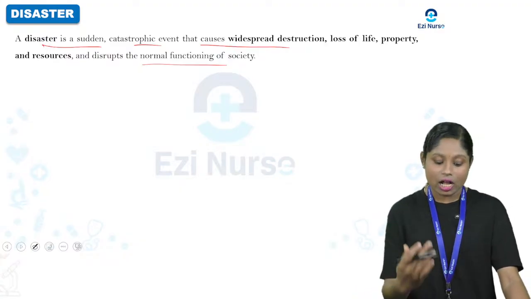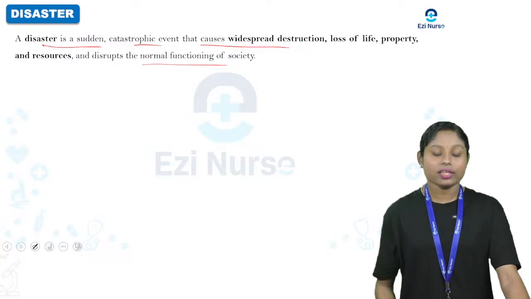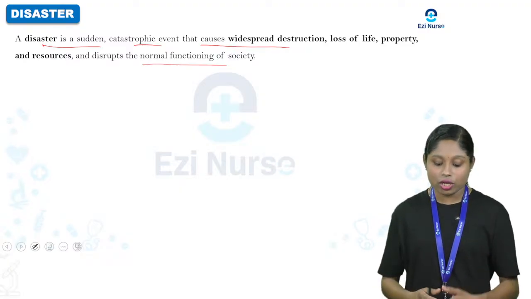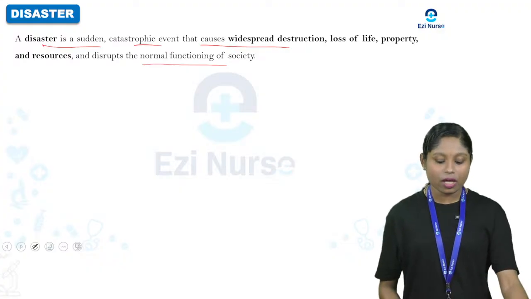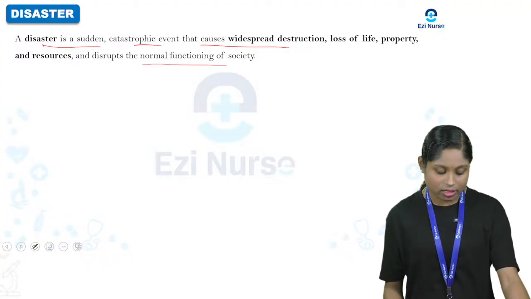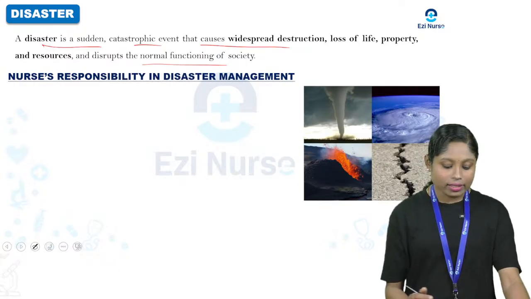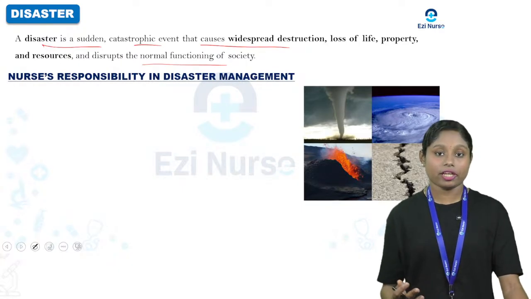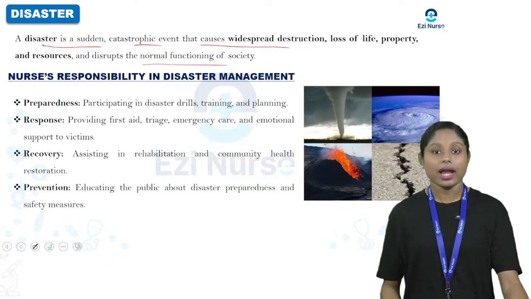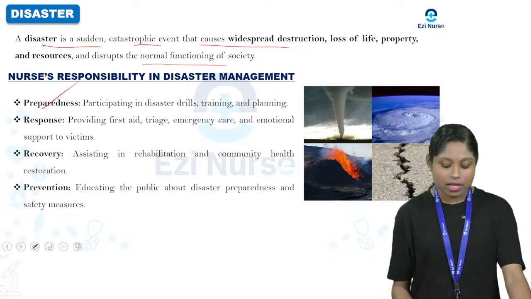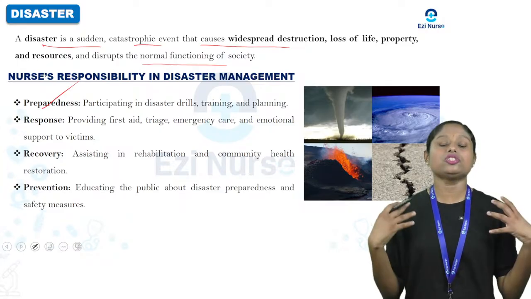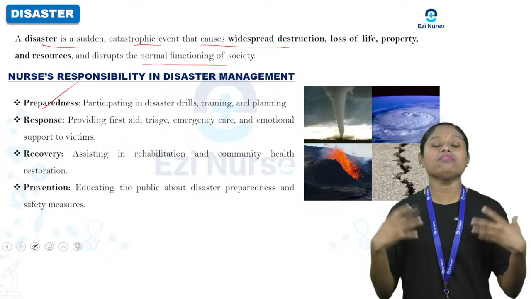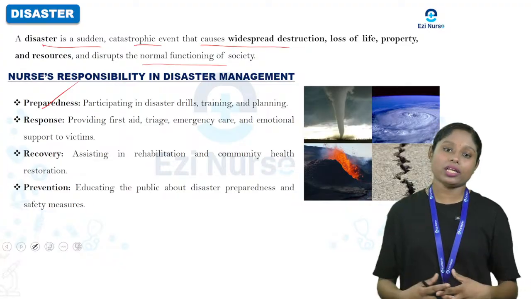So what are the responsibilities in disaster management? As a nurse, what will you do? Preparedness: participating in disaster drills, training and planning. As a nurse, you should have the planning, training and skills to manage a disaster.